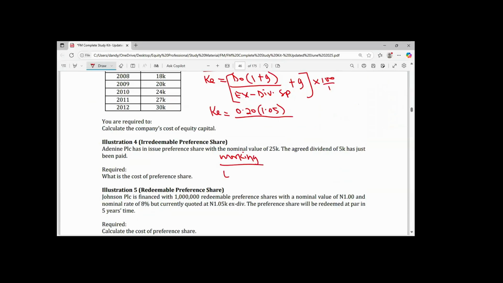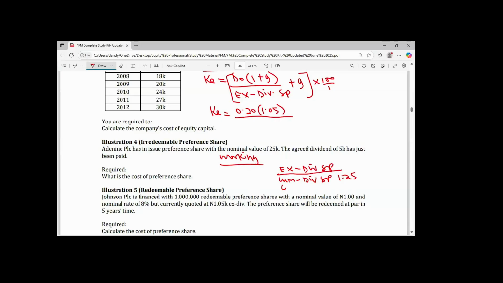So I want to calculate the ex-div share price. Let me use the tabular method this time around. To get the ex-div share price, I will pick the cum-div share price, which is 1 naira 25 kobo.